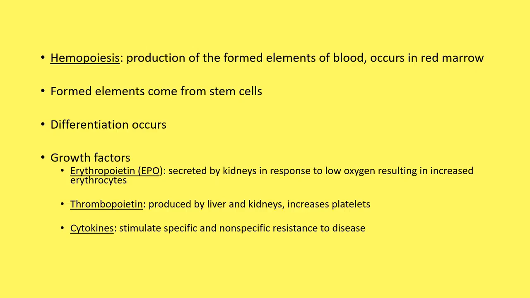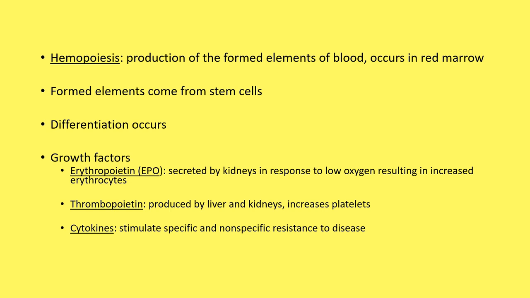The production of the formed elements, all the 3 types of them, the platelets, white blood cells and red blood cells, they are produced usually in the red marrow. They initially come from stem cells, and then differentiation will occur.